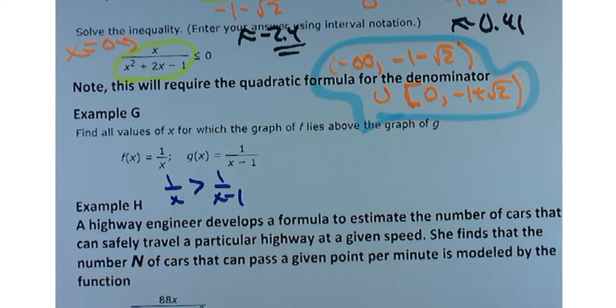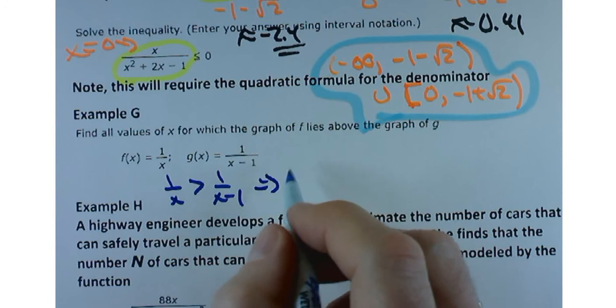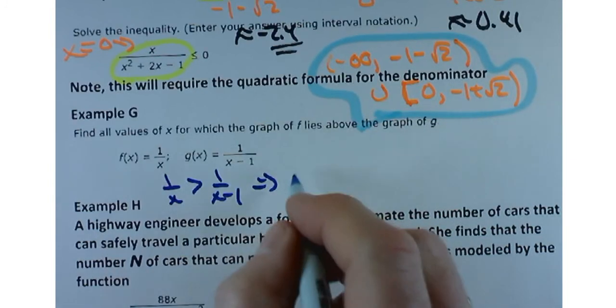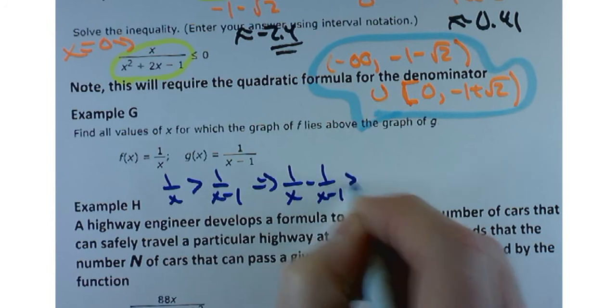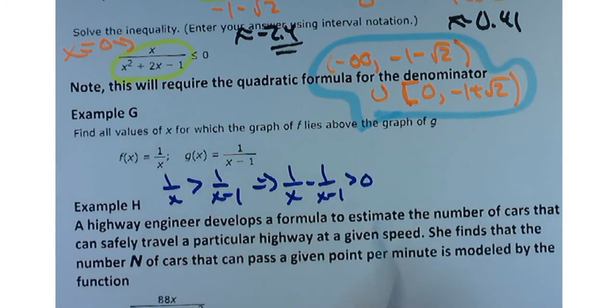That's because you got to get 0 on one side. That's the way this method works. It's easily the best way to do these things. So that's not so bad. We'll move this to the other side, and I'll get 1 over x minus 1 over x minus 1 is greater than 0. And you're like, phew, cool, got that done.